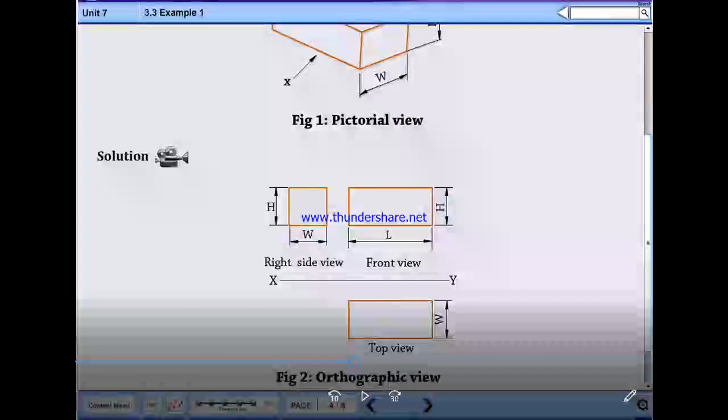Note down the figure: the total view, right side view, front view, and top view.